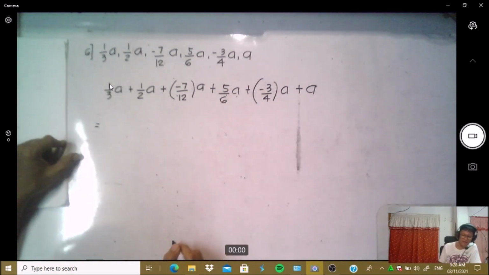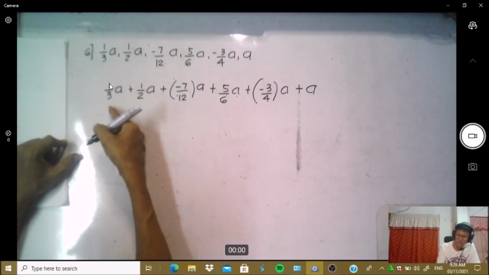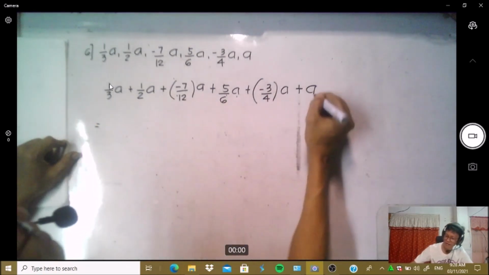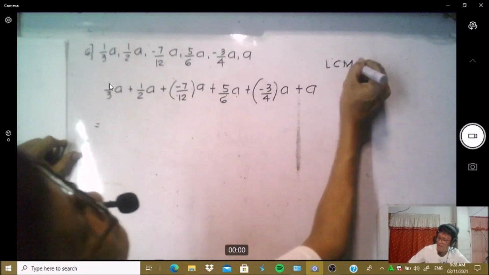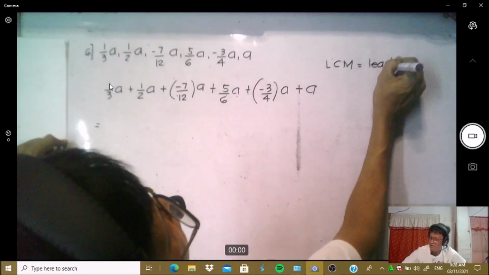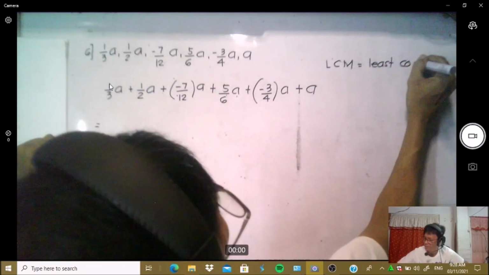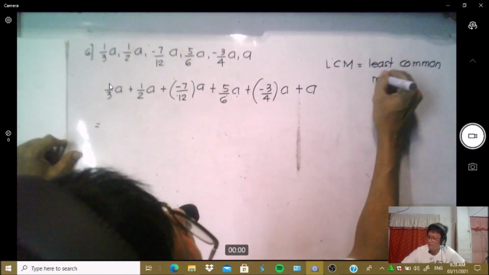So we have to think of a number that is common, and we call that the least common multiple. Now we are going to use that as our LCD. LCM means least common multiple.